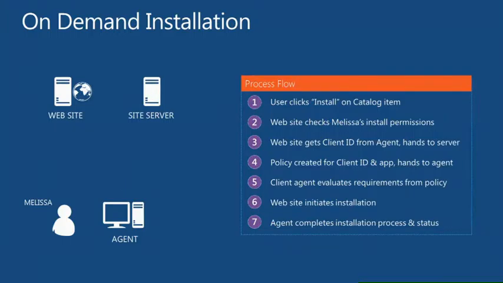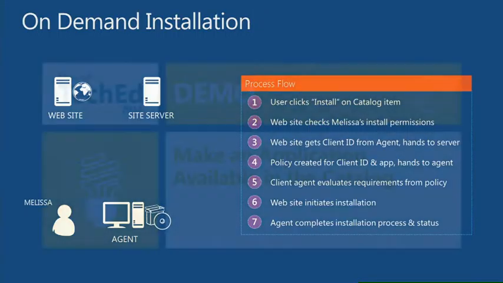And once that is done, the client evaluates the requirements. We are talking about requirement rules. If the requirements are met, then the website initiates the installation. Once that is done, the agent completes the installation and shows the status to the Configuration Manager console. So you are able to monitor the deployment and see what exactly has happened in that deployment in the console as well.